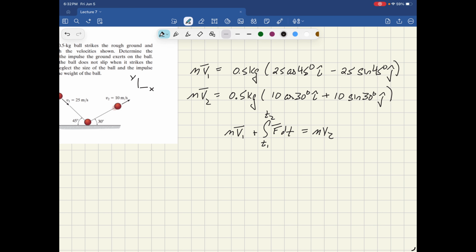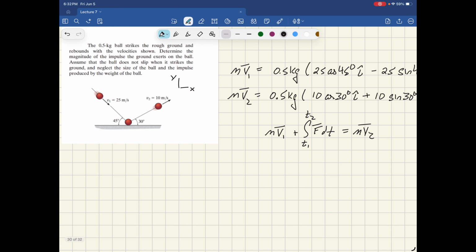mv2. Now we look back at the problem statement and we're not given any information about time here. So we don't know how long it's been in contact with the ground. What we're looking for is the magnitude of the impulse, so we're just calculating this term here.